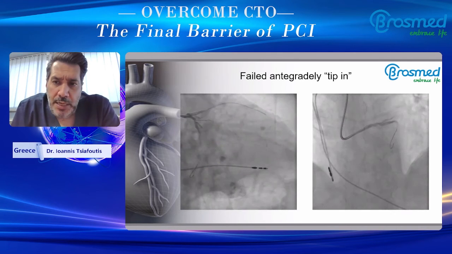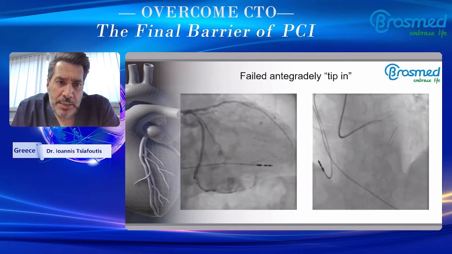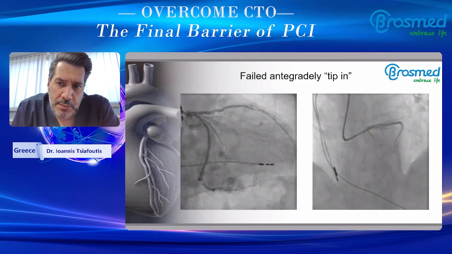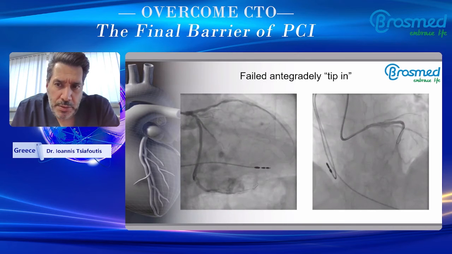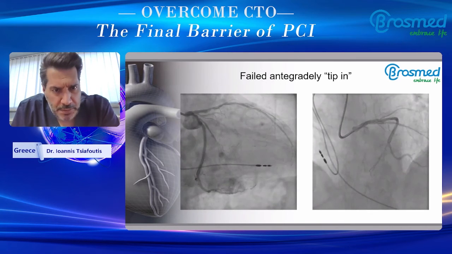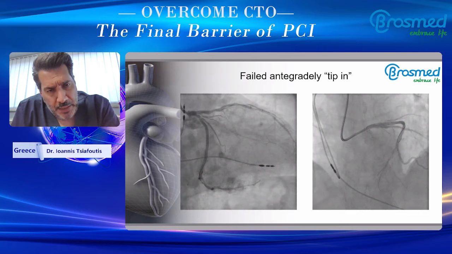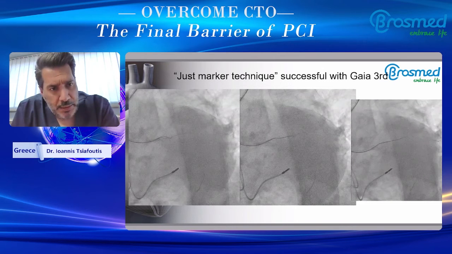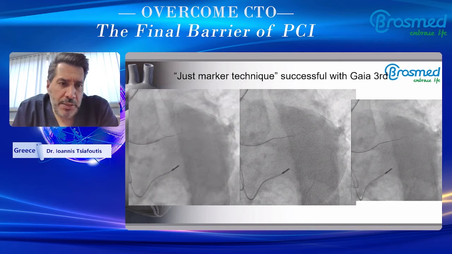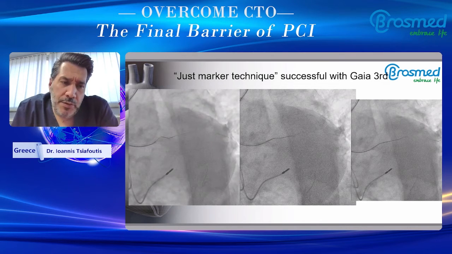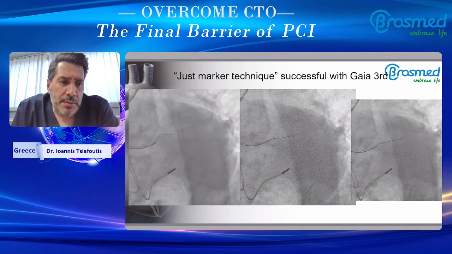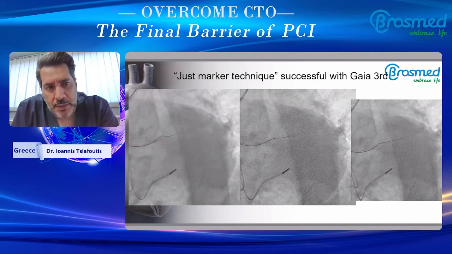After that, we tried to do antegrade T-pin with an antegrade microcatheter into the guide. We had no success. And then we used the marker technique, using the retrograde wire as a marker to point to the proximal cap of the occlusion, and another antegrade wire.